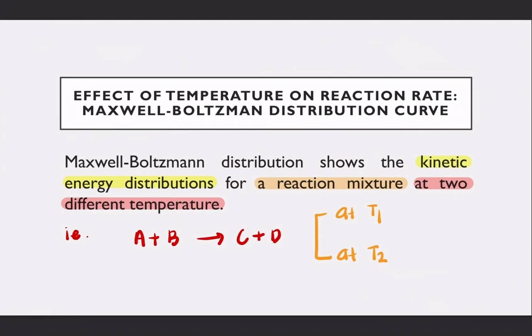A graphical way to visualize the effect of temperature on your reaction rate is by using the Maxwell-Boltzmann distribution curve, especially when you have a reaction mixture at different temperatures, let's say T1 and T2.